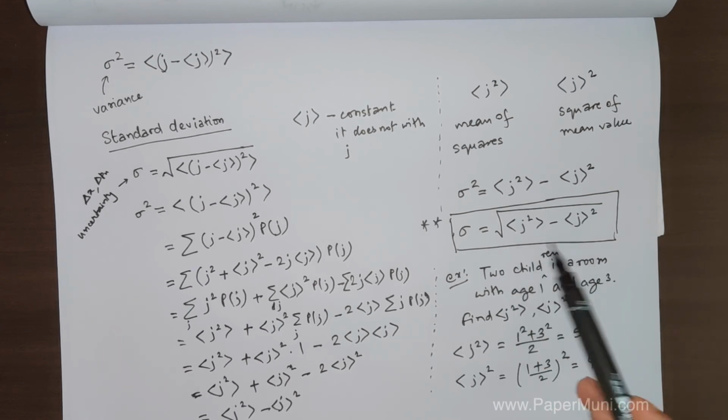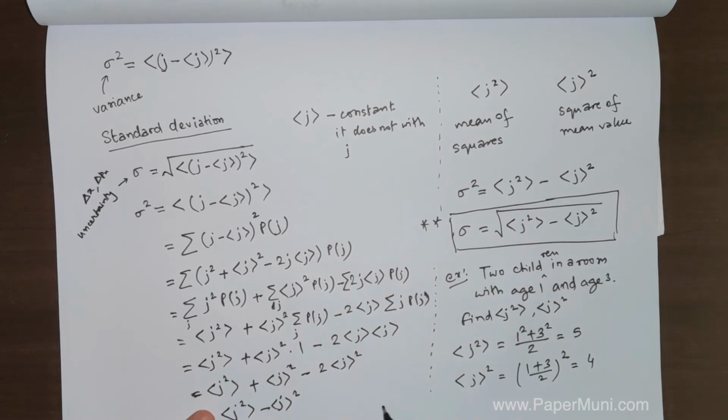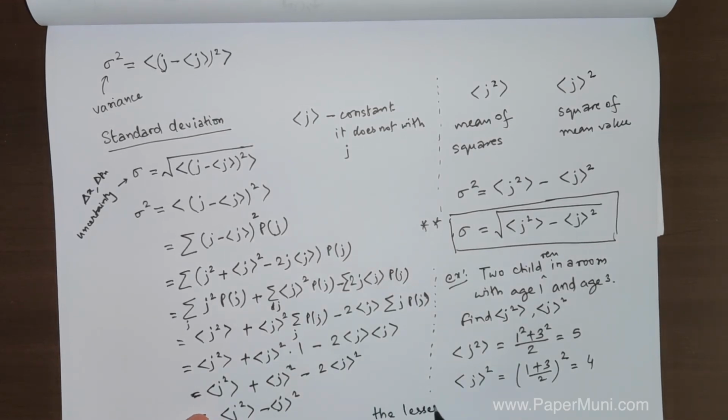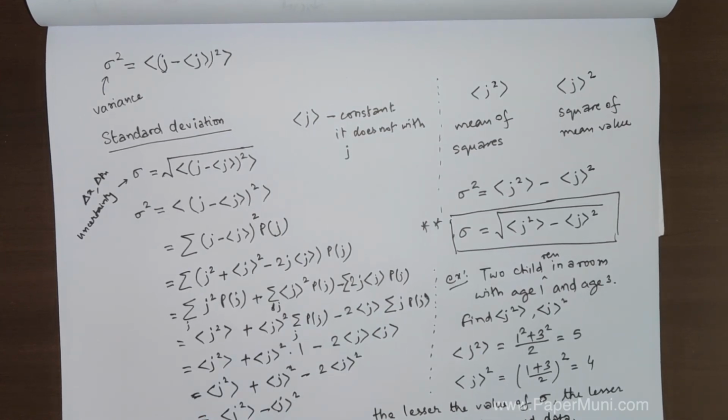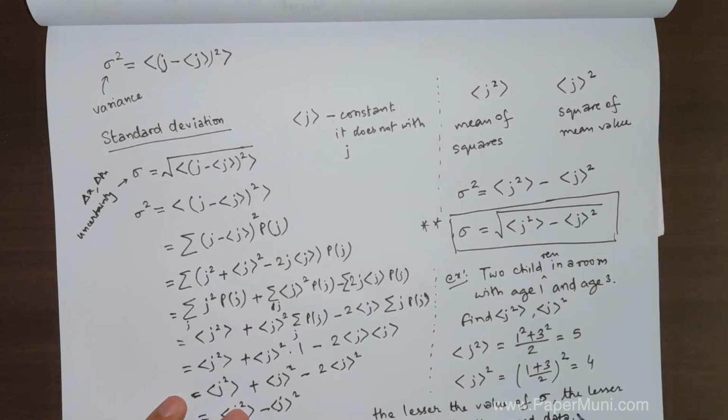The lesser the value of sigma, the lesser is the spread of data, and vice versa.